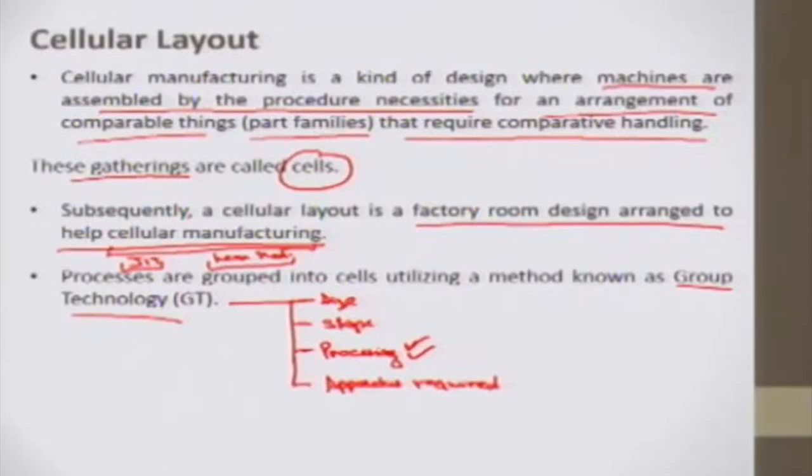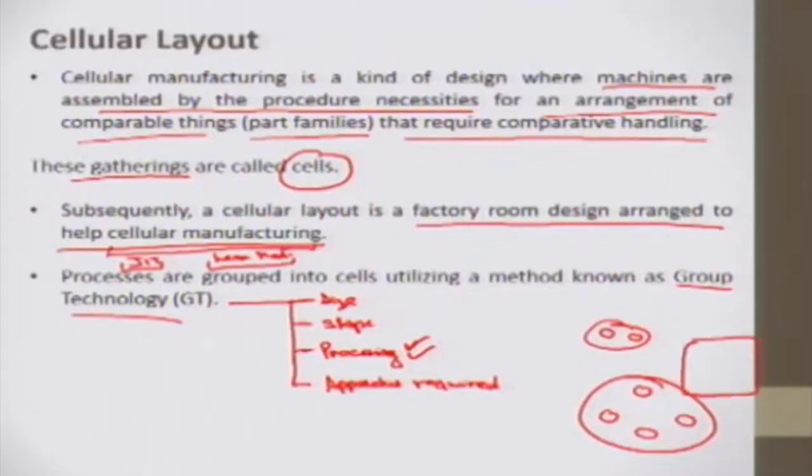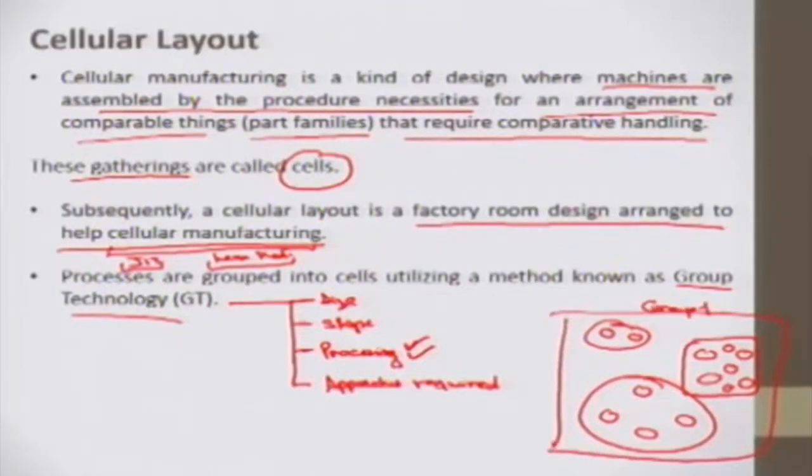For instance, we can group the parts that require drilling, all the parts that are round, into one group. For example, there is one component that is round and it needs two holes here. There is another component that is round, for example, a disc, it needs 4 holes here. Another component of this kind also needs a large amount of drilling in it. So these can be grouped into one. This is group 1.